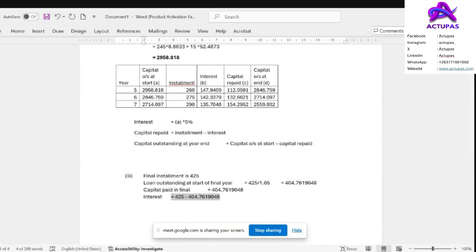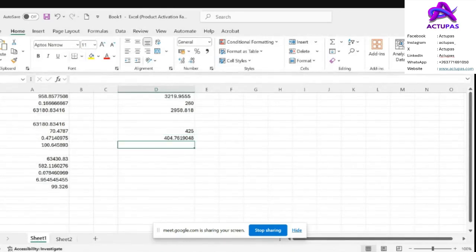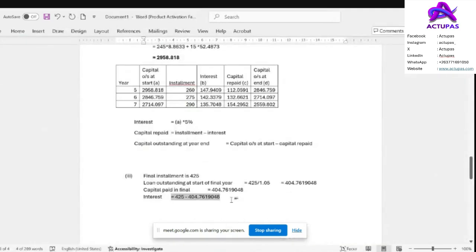So copy this, go to Excel, paste, we get 20.238, 20.24. So your interest is equal to 20.24. So we are done with the question.